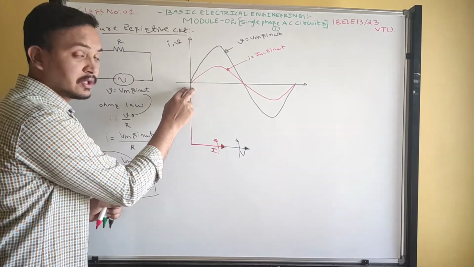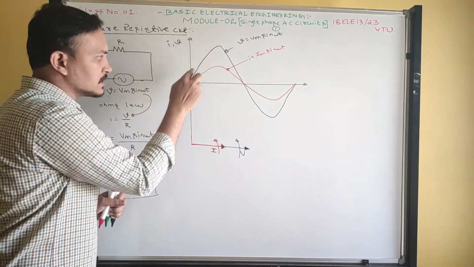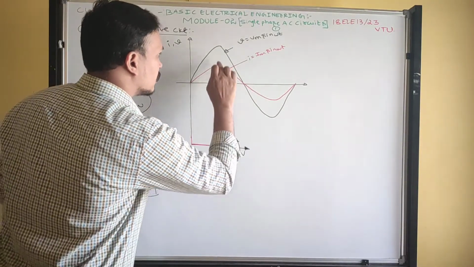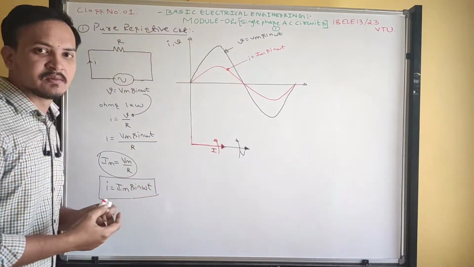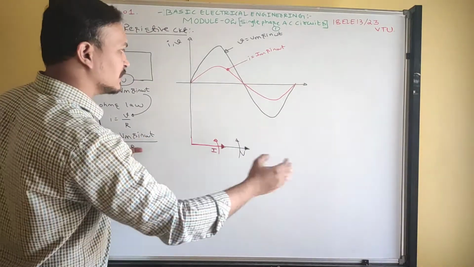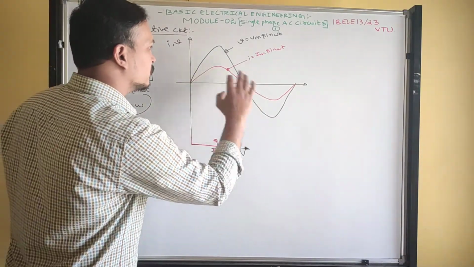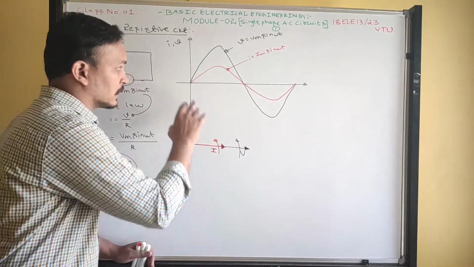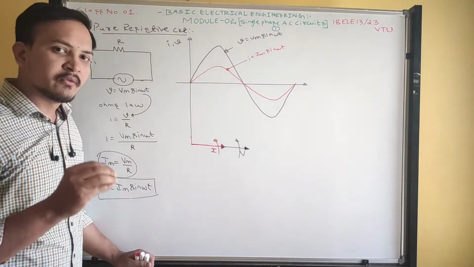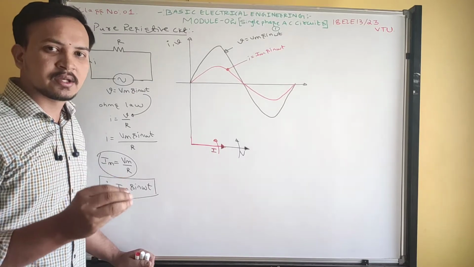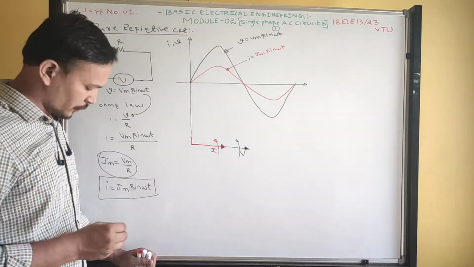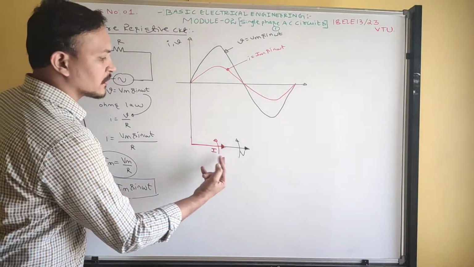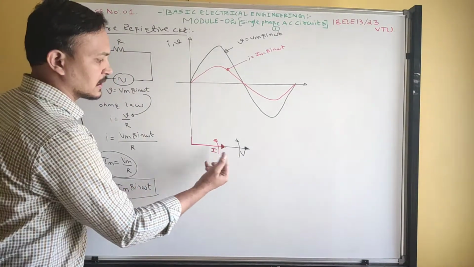See, at instant t equals 0, voltage and current both attain minimum, and at the maximum instant both attain maximum value. This means at all instants the current waveform follows the voltage. Therefore this pure resistive circuit can be called an in-phase circuit. The phase angle is the angle between the two quantities, voltage and current.